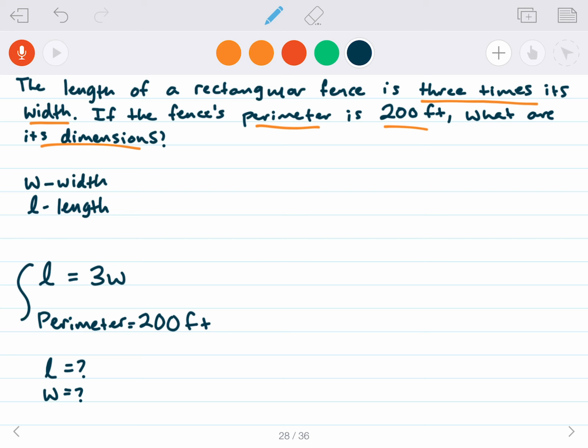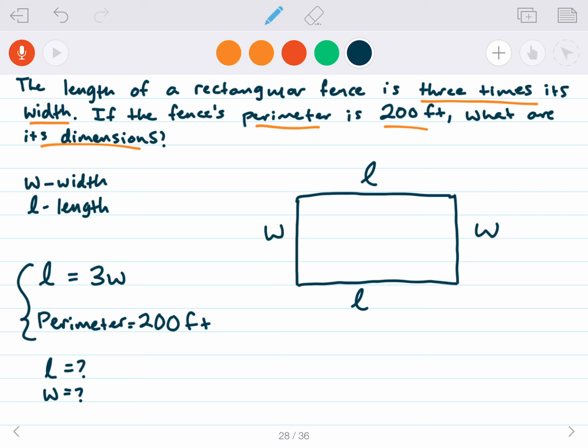So the only two things that we have to work with are the length is equal to 3 times W and the perimeter is equal to 200 feet. So let's draw a picture of our rectangle. Now, if you can get yourself into one variable, that's what you want to do. In other words, I don't want to say, oh, this is the length, and this is the width.